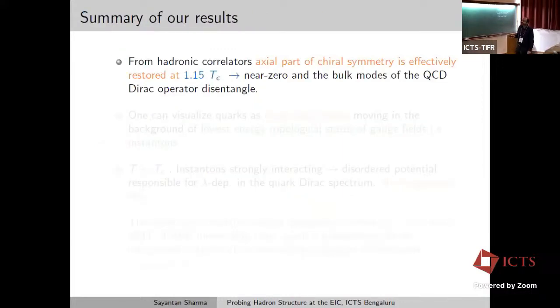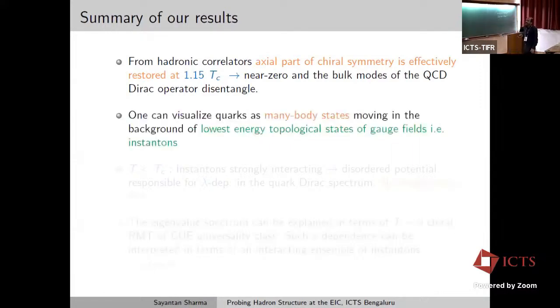So the summary of the results till now is that from the study of the hadronic correlators, we see that the axial part of the chiral symmetry is effectively restored at 1.15 Tc. And from a more microscopic perspective, it happens at the temperature where the small near zero modes of the Dirac operator get disentangled from the bulk modes, which are the linearly rising part of the eigenvalue spectrum of the QCD Dirac operator.